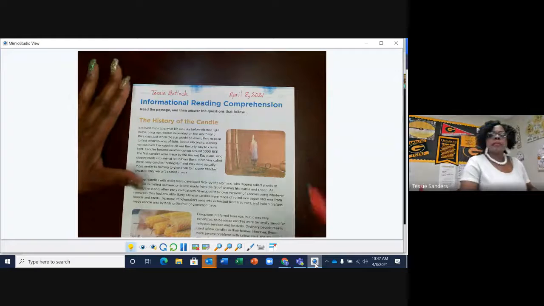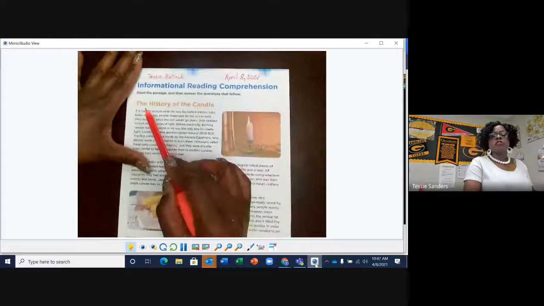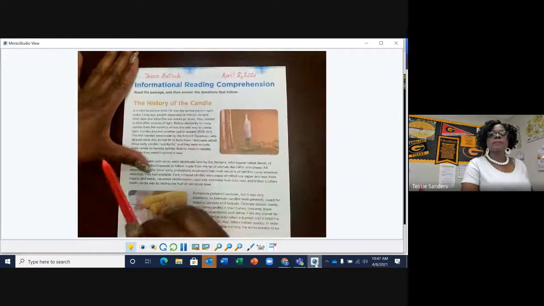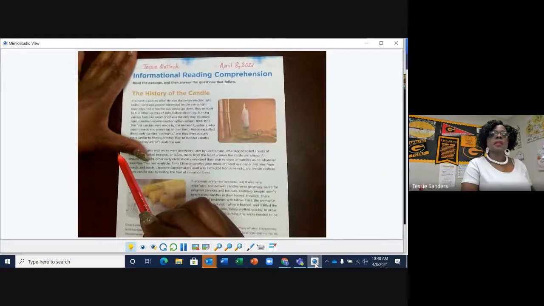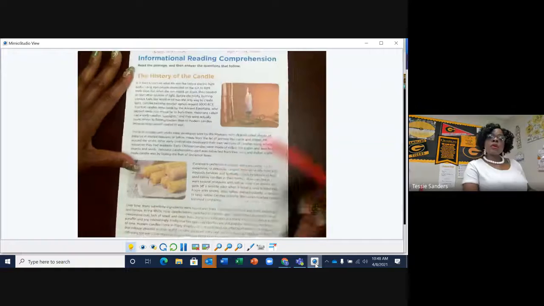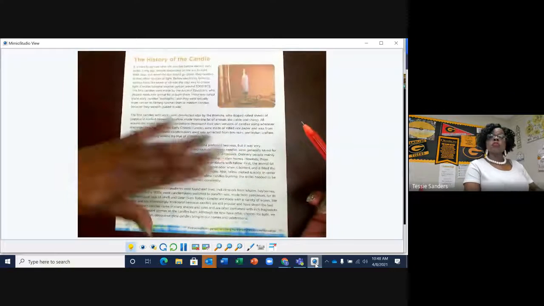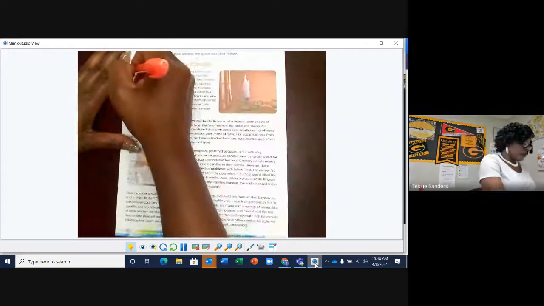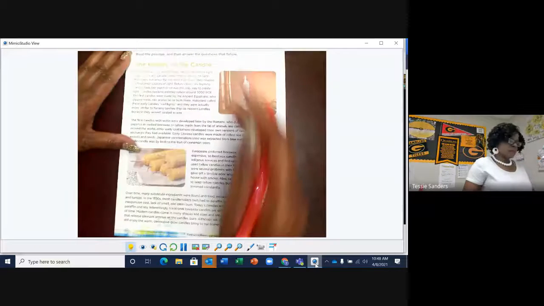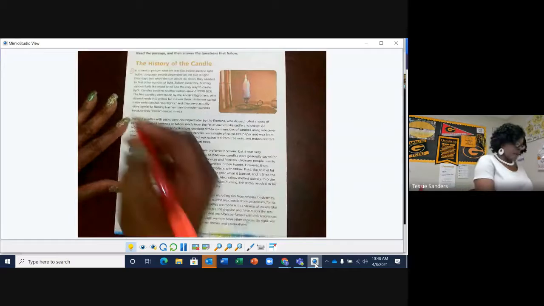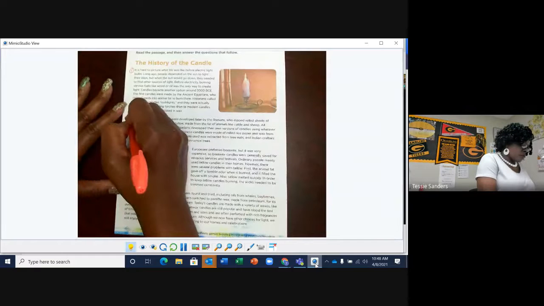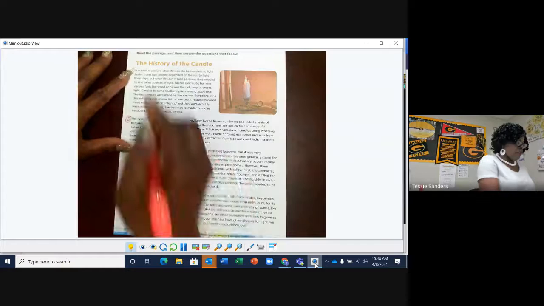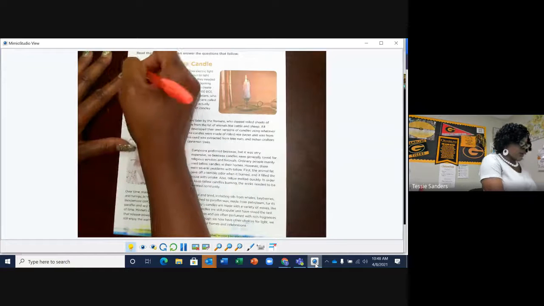So this is our informational text on the history of the candle. Let's number our paragraphs first. We're going to organize our reading. This is paragraph 1. This is paragraph 2. Let's go back. Paragraph 1 starts with the word what?